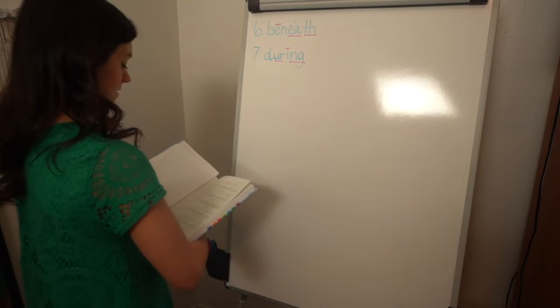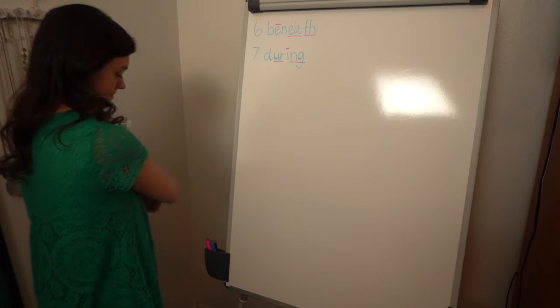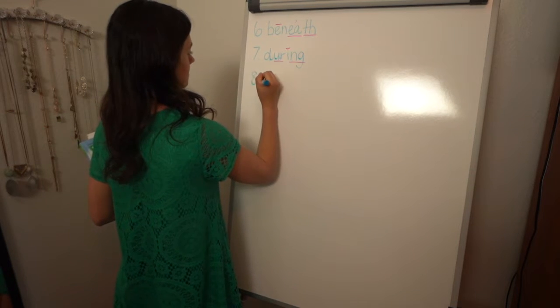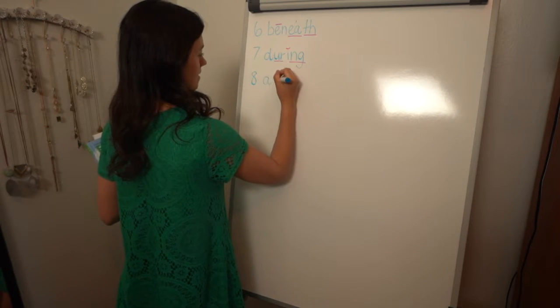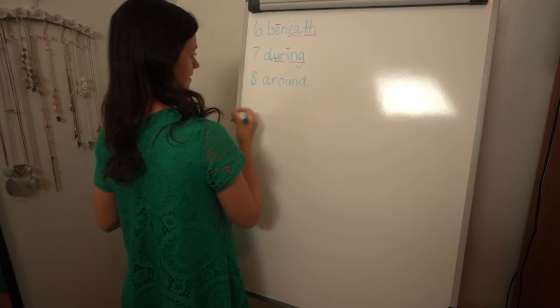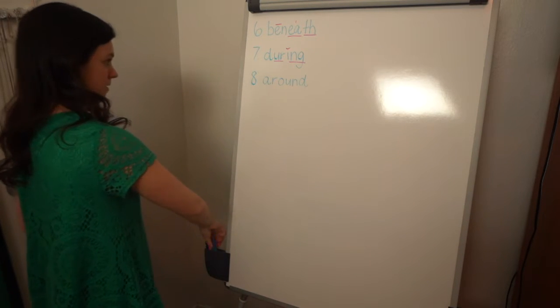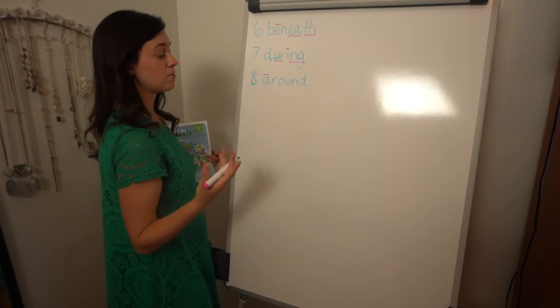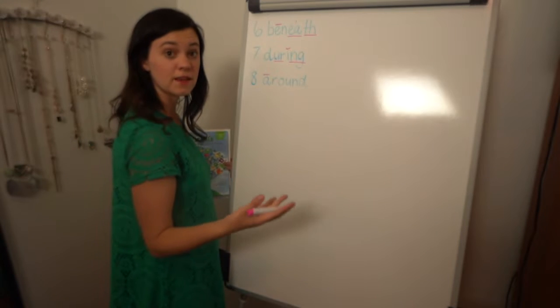All right, let's go ahead and write this word together. Number 8, around. A, ow, n, d. All right, to mark this word, we're going to put a macron on top of our A. Now, usually when we say this word, we don't say around, we usually say uh-round.